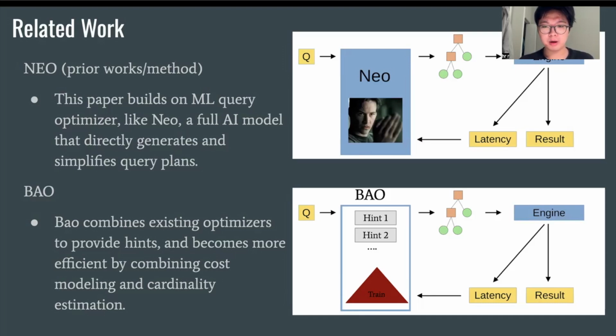BAO does not replace the whole query optimizer, it gives some hints. For example, NEO is just like GPT, which directly gives the student the answer, but BAO is more like a teacher who gives students some suggestions to solve the problems. This is the difference between the two. And BAO's suggestion is based on cost modeling and cardinality estimation.